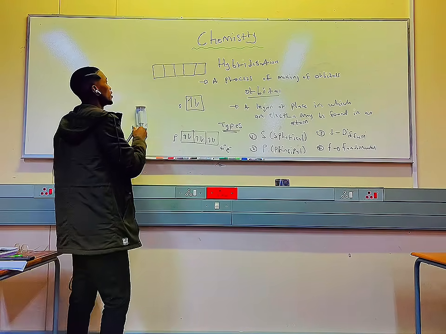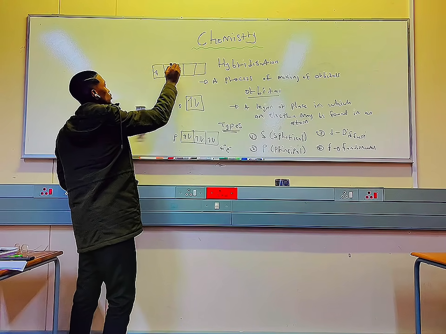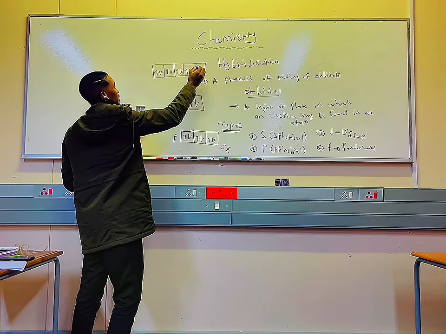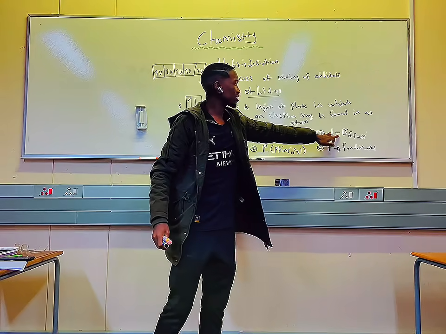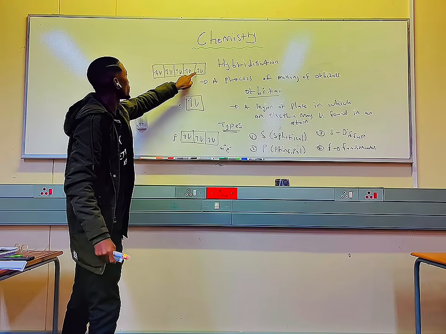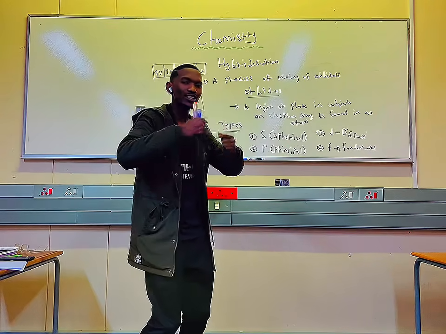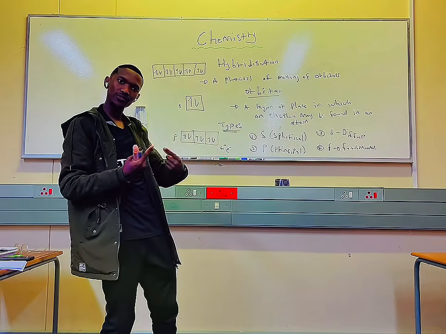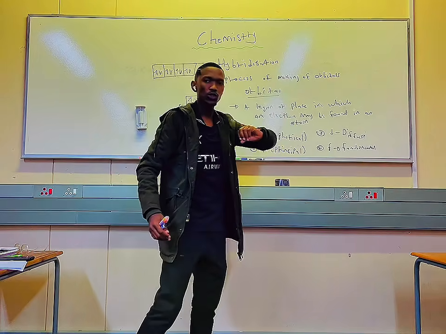If you have 5 orbitals, you're going to have 1, 2, 3, 4, 5, 6, 7, 8, 9, 10. They are 10. We must expect 10 electrons because there are 5 orbitals times 2. Why do we multiply by 2? Because each and every orbital will only be occupied by 2 electrons. So 2 times 5 gives us 10 electrons. That's your d orbital.